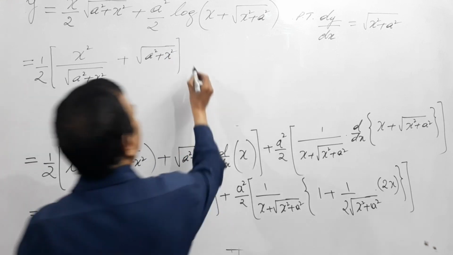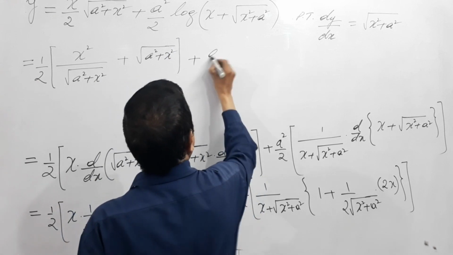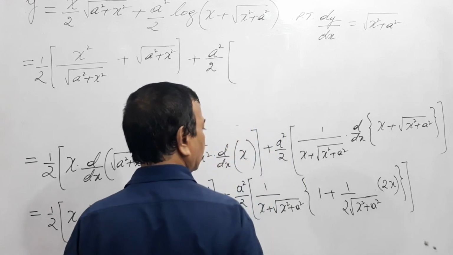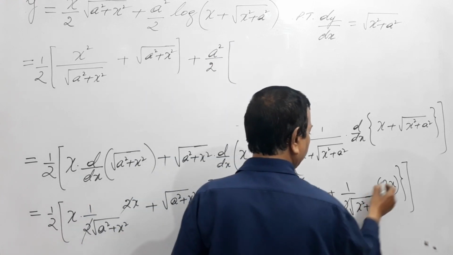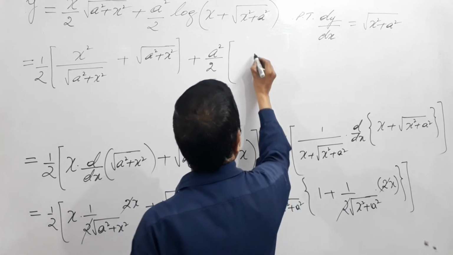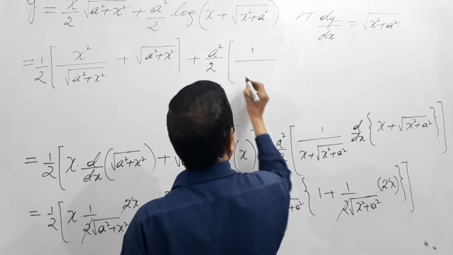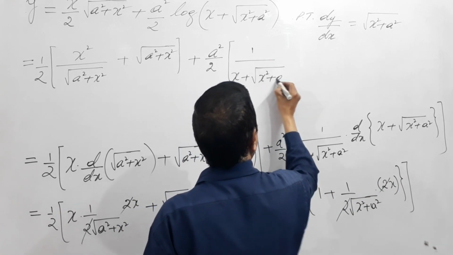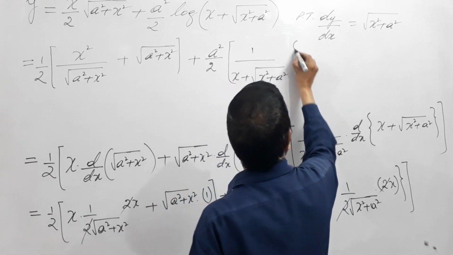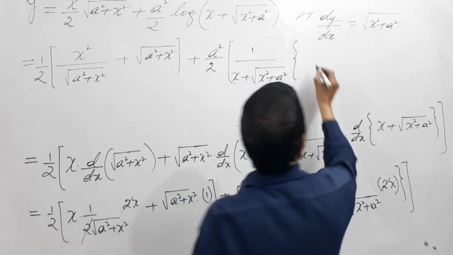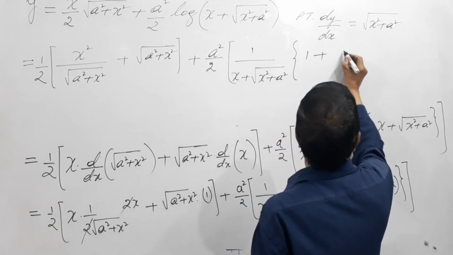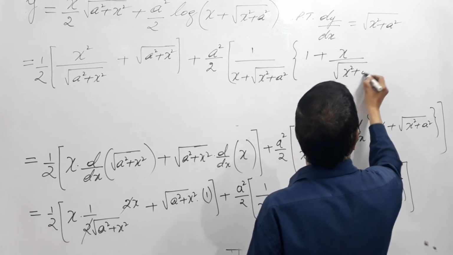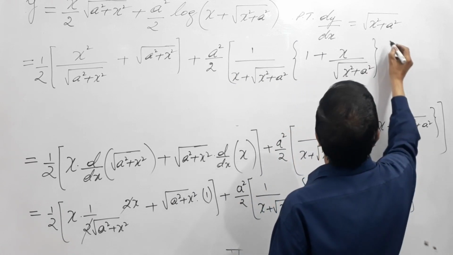Now we will come to this, plus a square by 2. So again here 2 and 2 cancel. So this becomes 1 by x plus under the root x square plus a square. So this becomes what? 1 plus x by under the root x square plus a square.